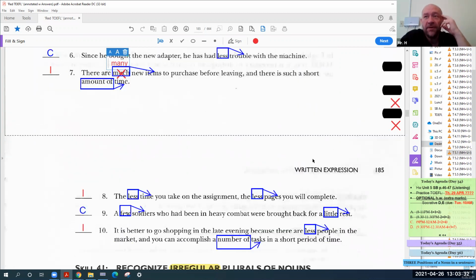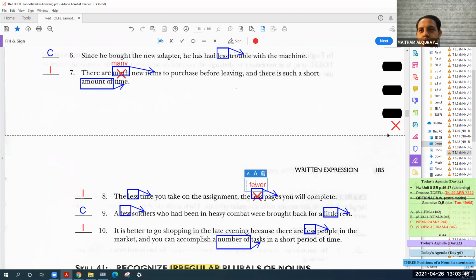How about number 8, Metham? Yes, we changed the second one to fewer pages. To what? Fewer pages. Fewer, right? Yes. Okay. And then the last one, Abdul Majid? Less to fewer. Exactly. Okay.